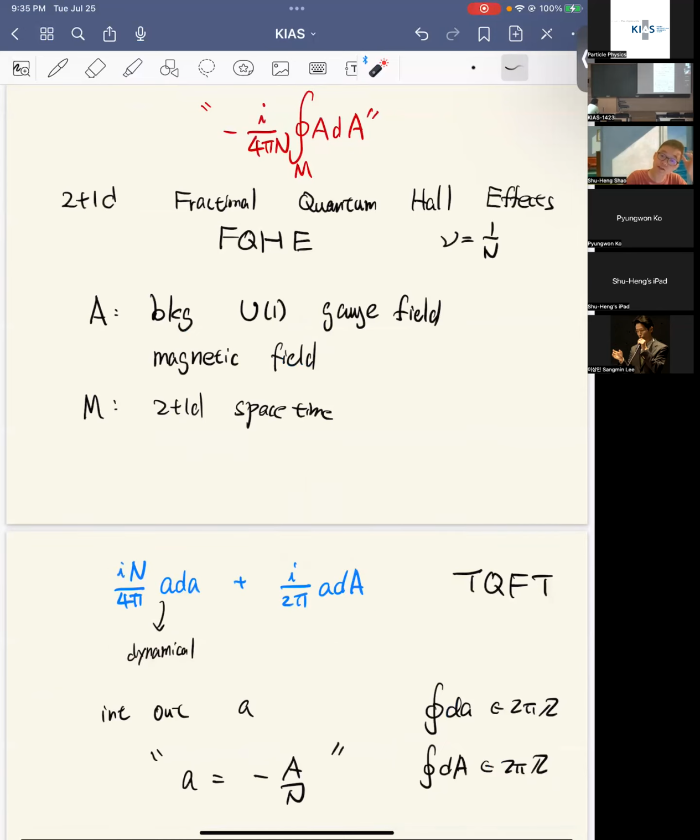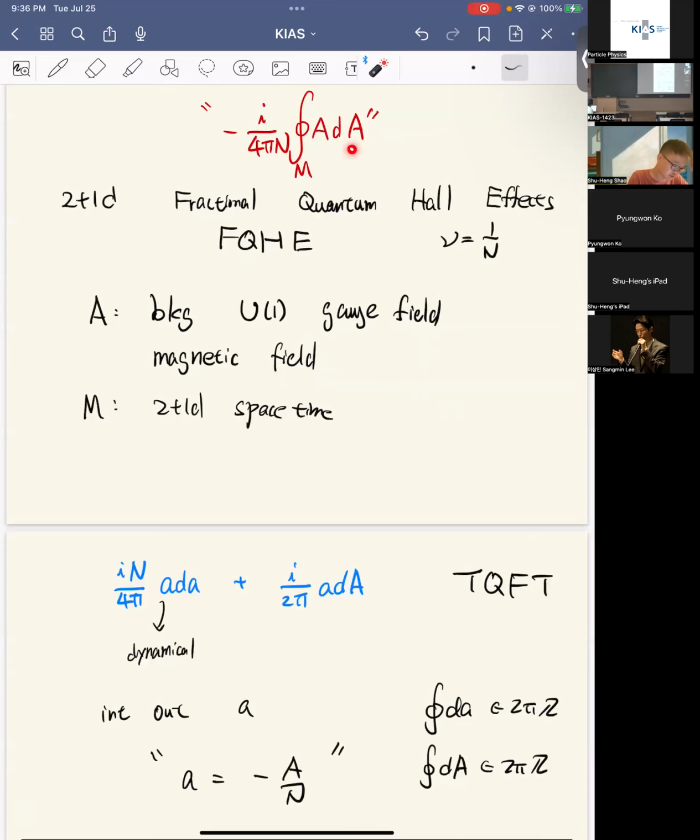Yes. So at least locally, we can perform the integration. That's right. But you are saying that globally, the integration of A and A bar, they are not equivalent. That's what you are saying?